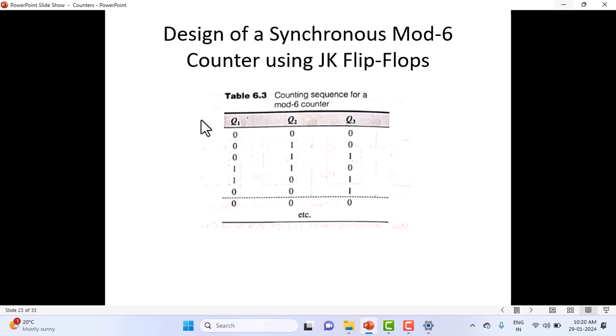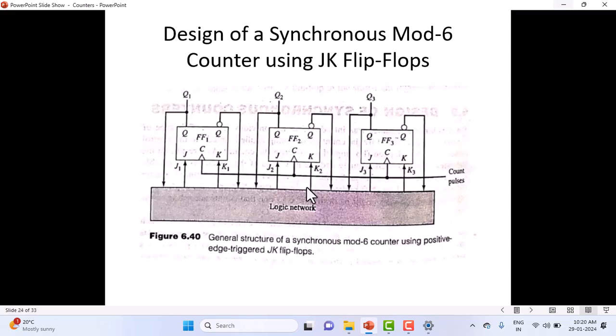This is a 3-bit here. We need 3 flip-flops. General network looks like this. This is a logic network which we must design here. Look at what is the data inputs coming to the logic network. This is the first flip-flop, FF1, FF2, second one, third flip-flop, and we have preferred JK flip-flop.